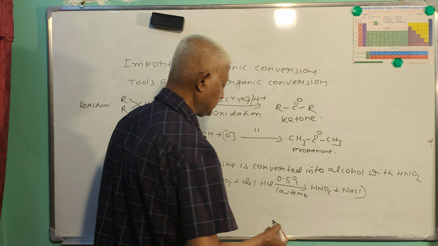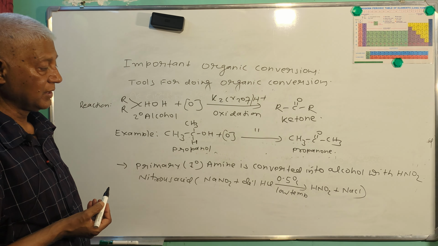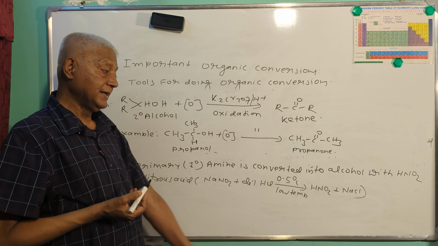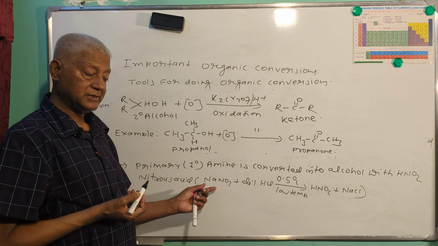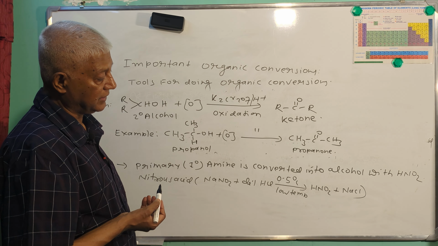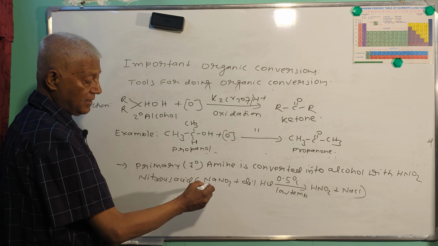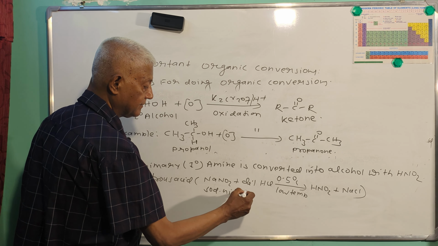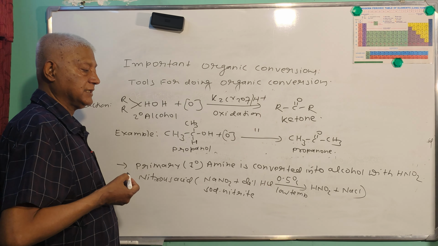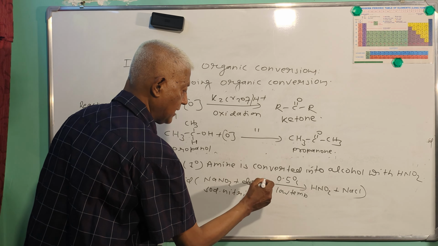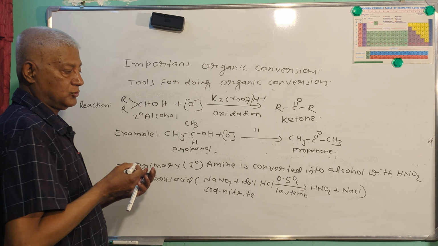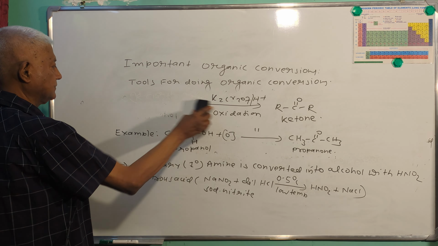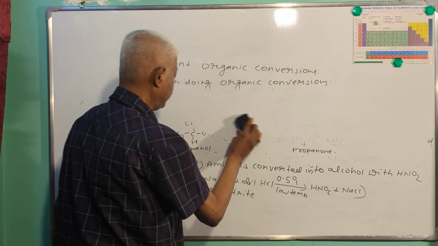So we cannot use nitrous acid directly over here. For this conversion we need nitrous acid, and that nitrous acid is obtained by the reaction of sodium nitrite and dilute HCl. So what you get? Nitrous acid. Look at over here.